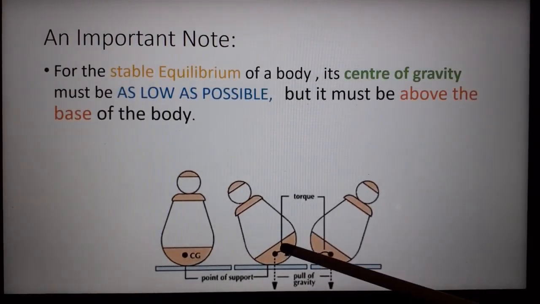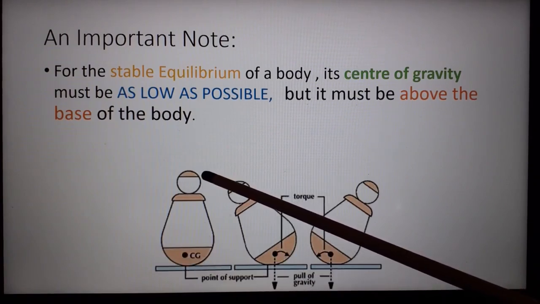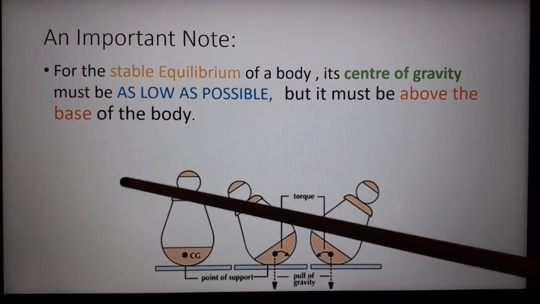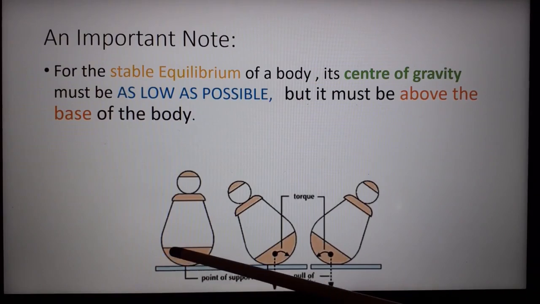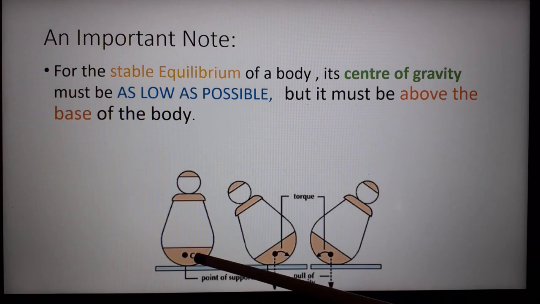Now let's take this example. This kind of toy you might have observed, right? If you hit this toy, it's going to move here and there, fluctuate, and then again it will come to rest in its original position. If you observe carefully, in this toy there will be some sand particles filled in its base. Why?